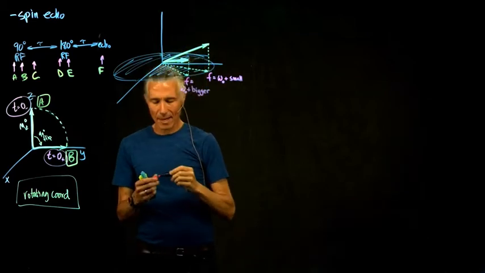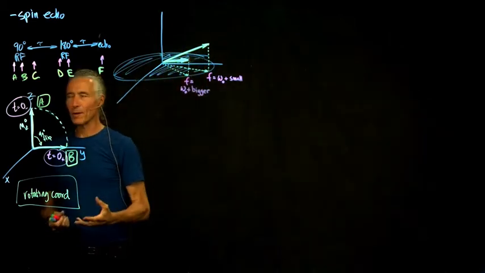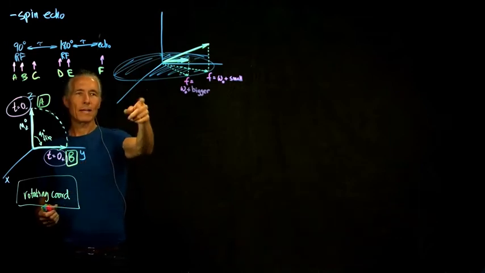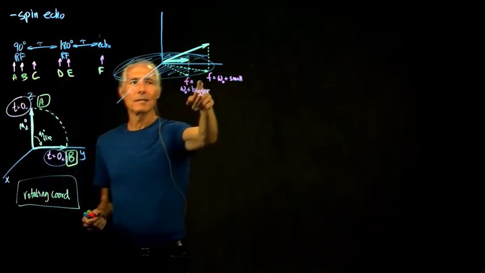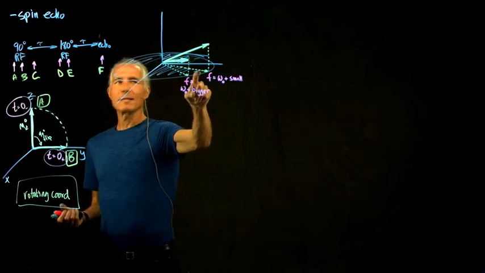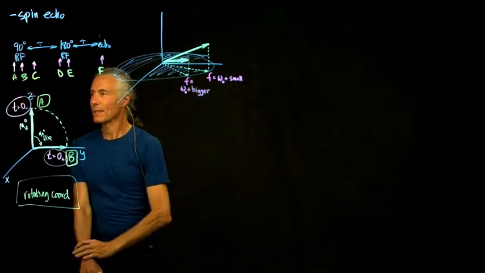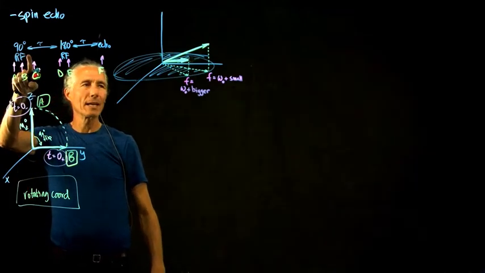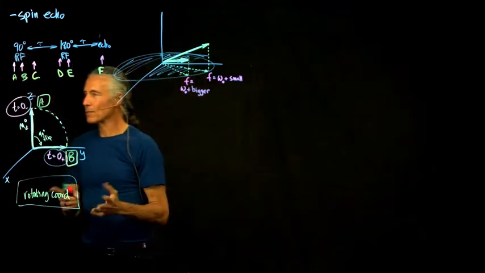That guy is in the presence of a slightly bigger B0 field, and so it got, say, an eighth of a cycle ahead. This guy got like a 16th of a cycle ahead.